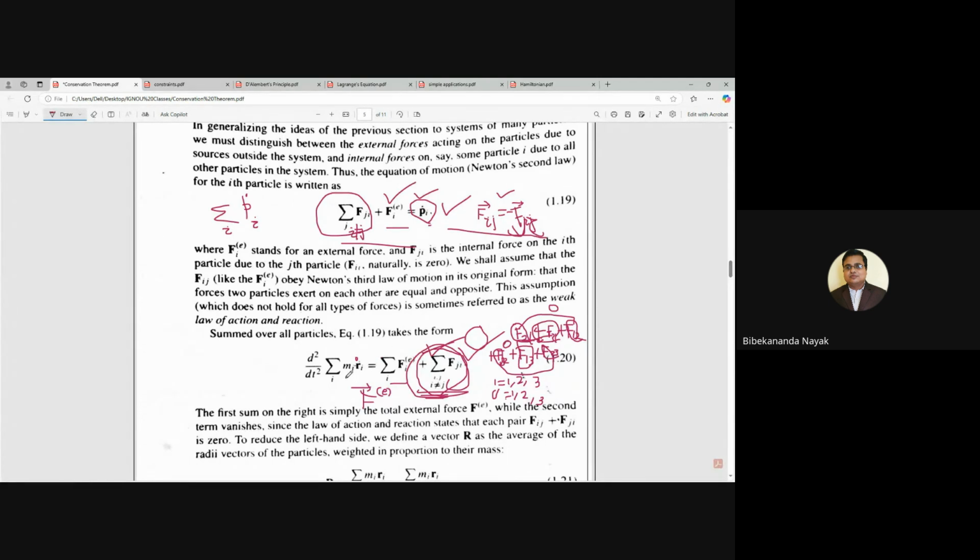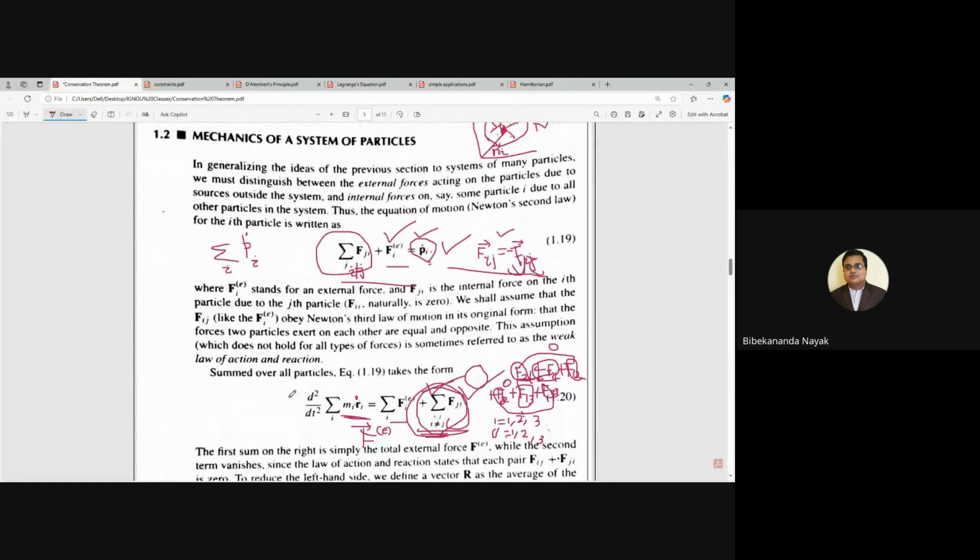Now look at this term, m_i r_i double dot. I take the second derivative only here of r_i.